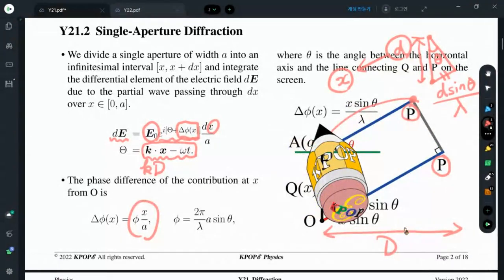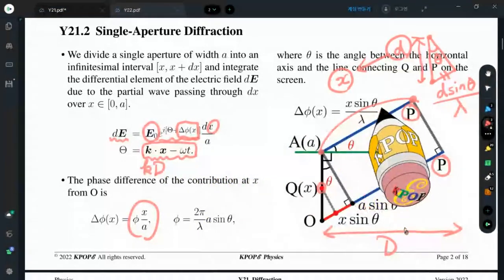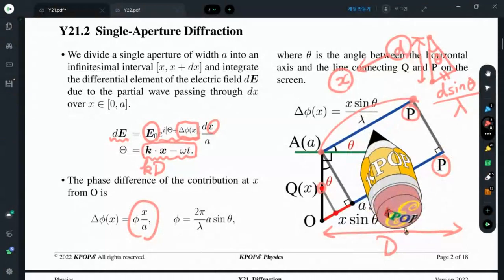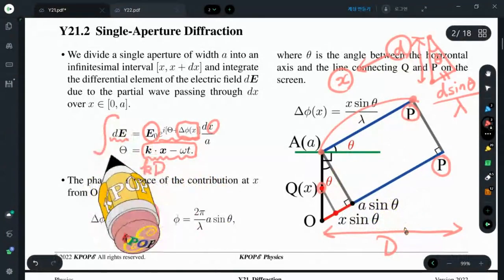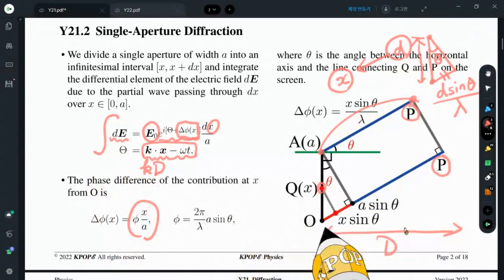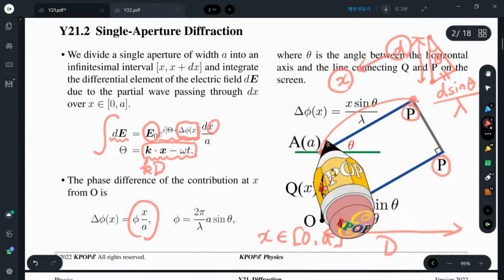So the phase difference is now determined as x sine theta divided by the wavelength lambda. Now, what we have to do is just integrate all of the partial contributions throughout the region where x is in the range 0 to a.